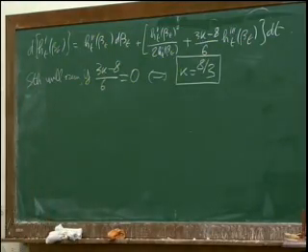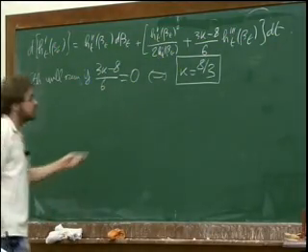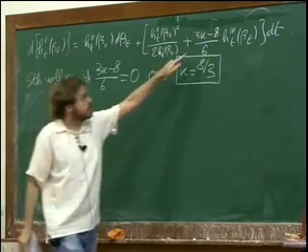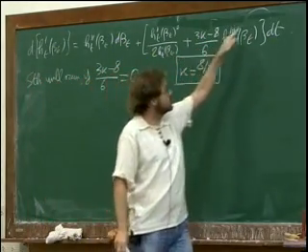So this time kappa equal to 8/3 will be the special value of kappa that will make things work. And then you will notice that this factor here vanishes.